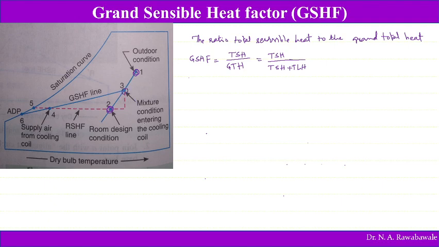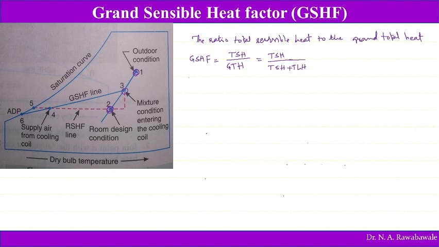So the mixture condition of air enters the cooling coil. This mixture is passed over the cooling coil and then it is processed. On the psychrometric chart it is represented by point 3. So this point 3 represents the mixture condition of air entering the cooling coil.